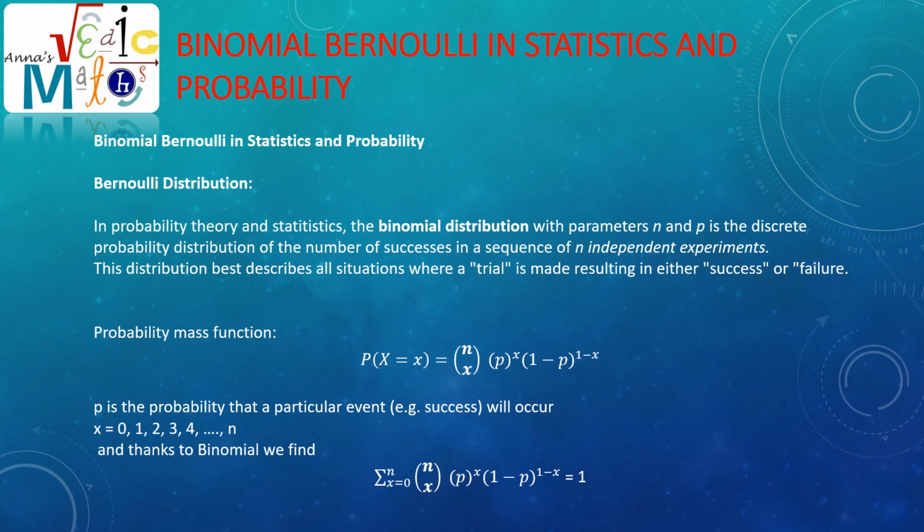This distribution best describes all situations where a trial is made resulting in either success or failure, yes or no. Here is the probability mass function, and thanks to the binomial, we can find that the summation is 1.